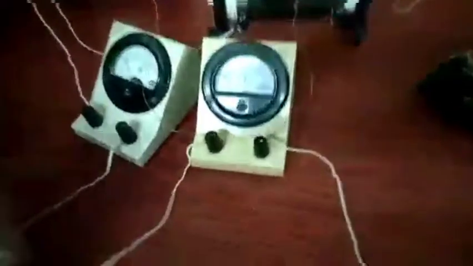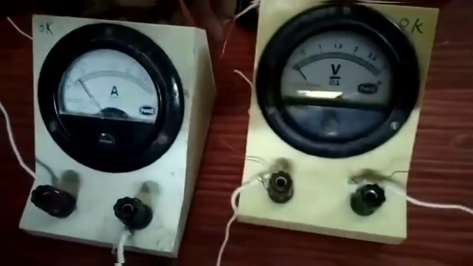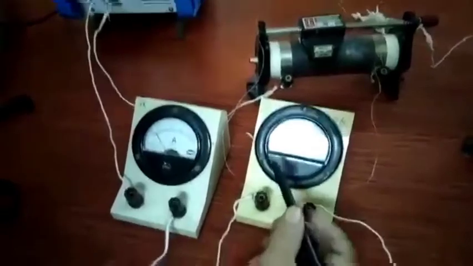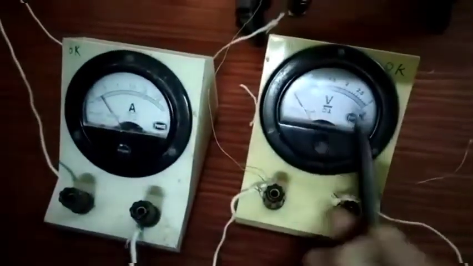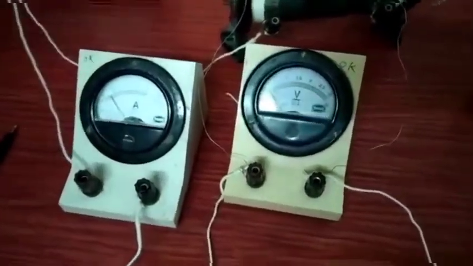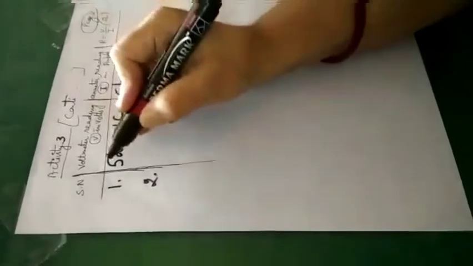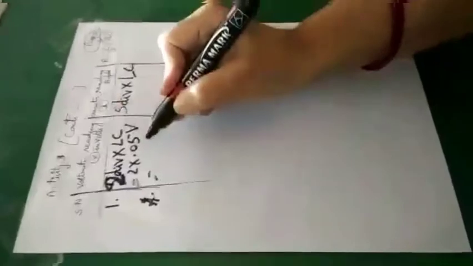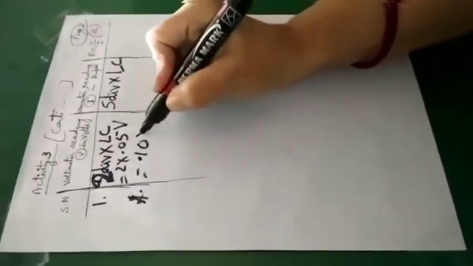Now how to take the reading. We have changed the rheostat position and we observe the voltmeter reading, that is 2 divisions, and the ammeter is reading 5 divisions. So I will write the voltmeter reading as 2 divisions into least count, and the ammeter reading as 5 divisions into least count. 2 into 0.05 volts, 2 fives are 10, so 0.1 volt.